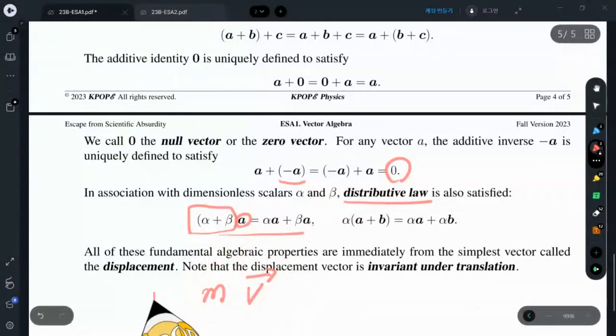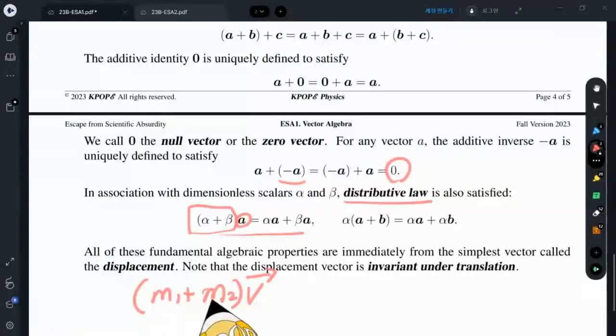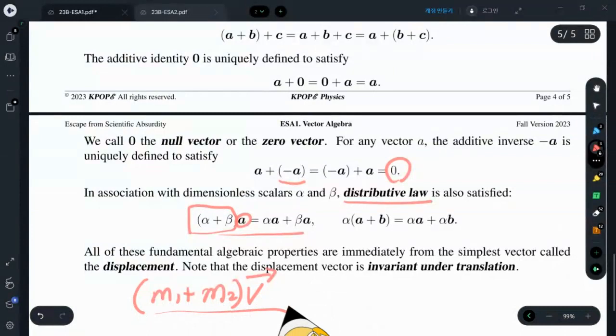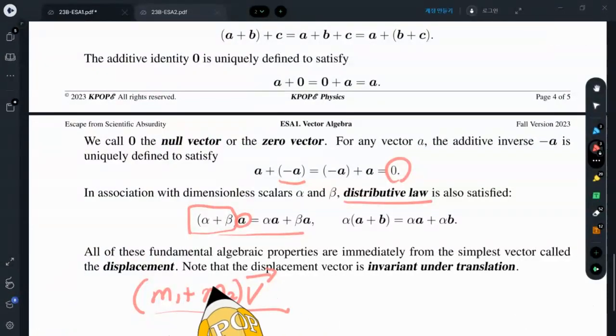And if two particles are of the same velocity, I can multiply the sum of the two masses together. And actually, this is the total linear momentum, something like that. So for multiplication of two physical quantities, you should always be very careful about the physical dimension.